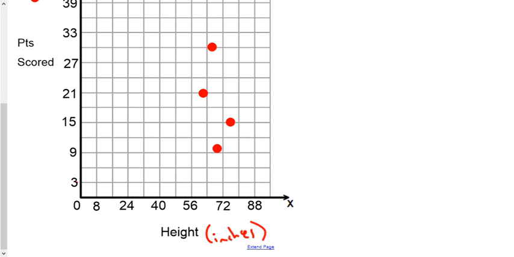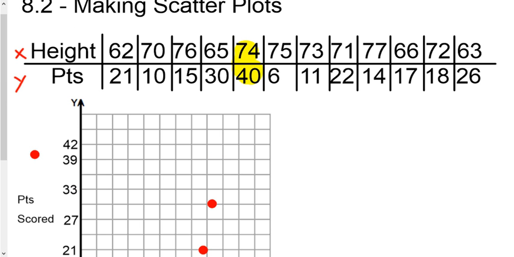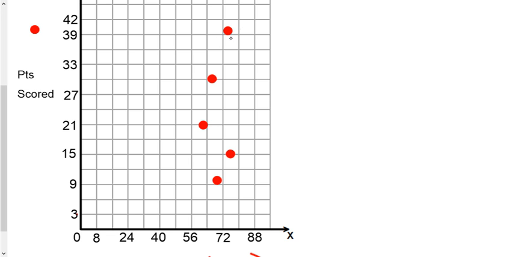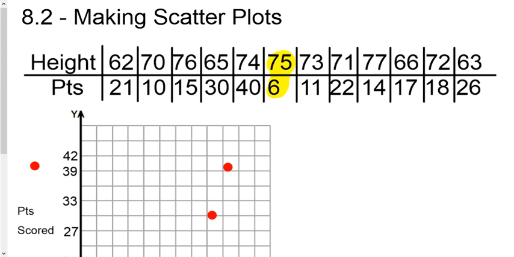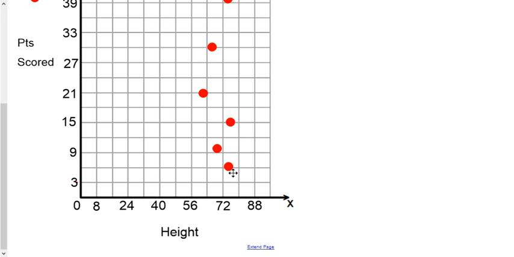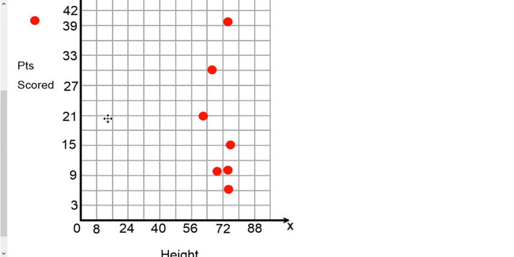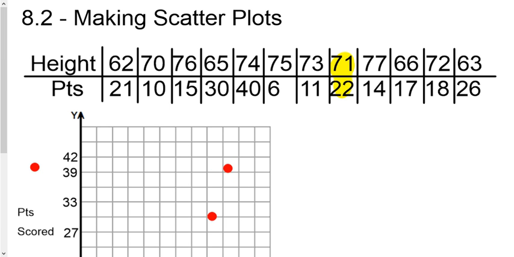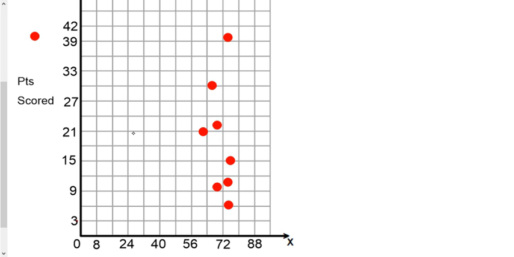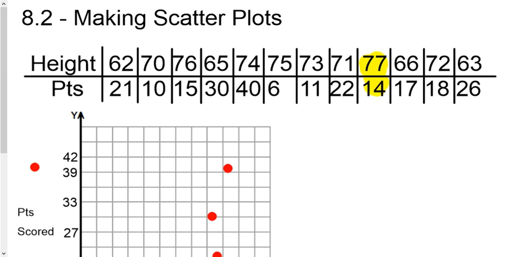And there's the 65, 30. And the 74, 40 goes right here. 75, 6 right here. Right here is 73, 11. Maybe about right there, since that's 12. This would be 73, 11. 71, 22 right here.